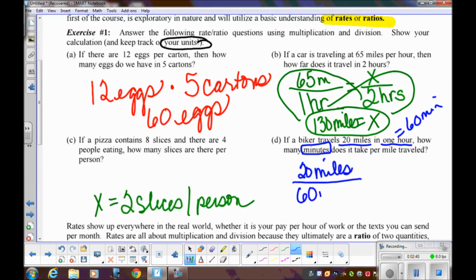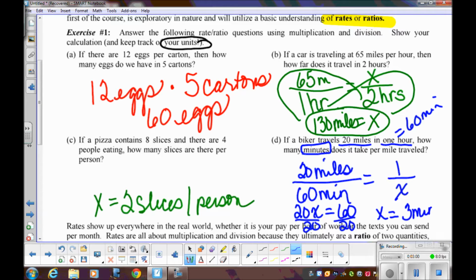So miles to minutes equals 1 mile to how many minutes? So if we, again, do that cross multiplying, 20x equals 60. We divide by 20. And we end up with 3 minutes.